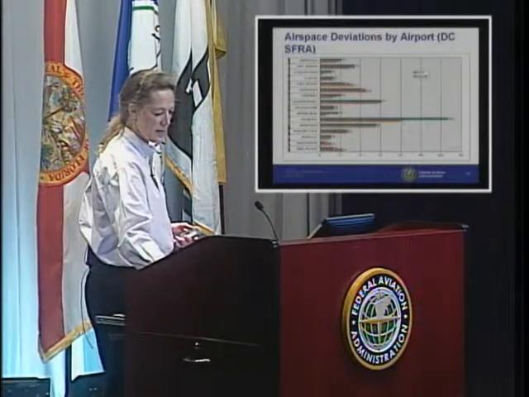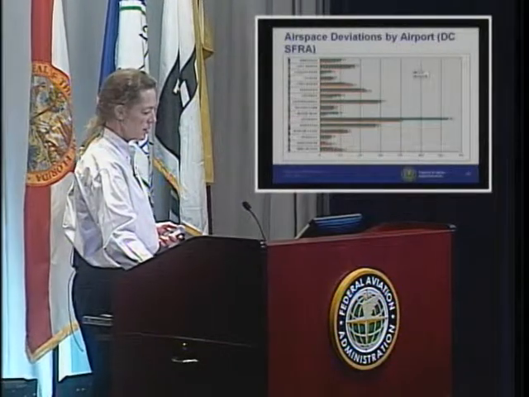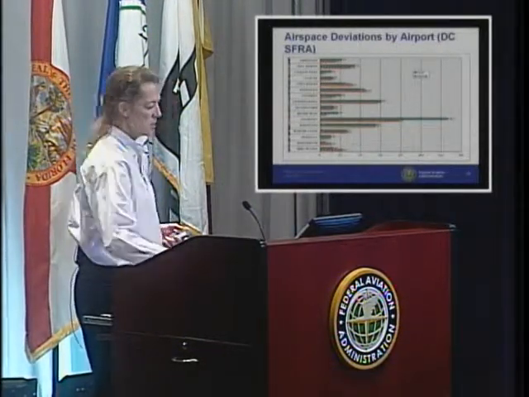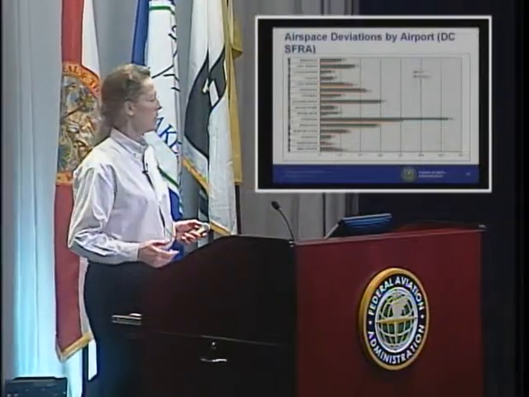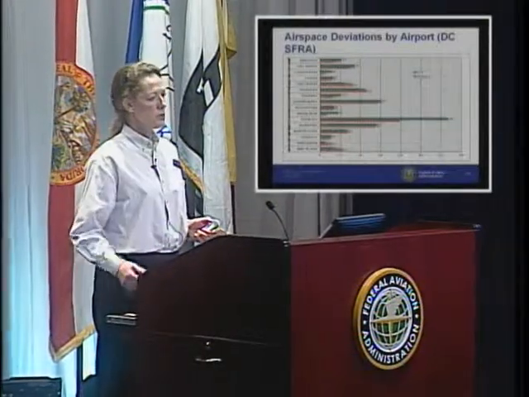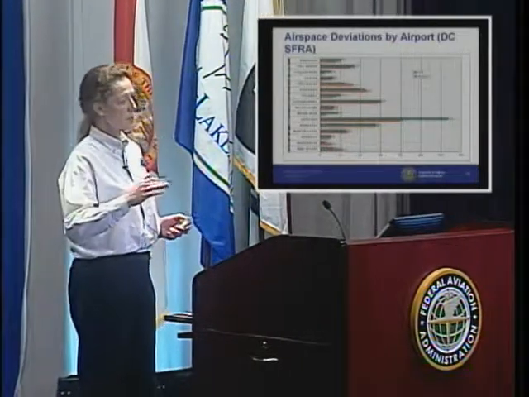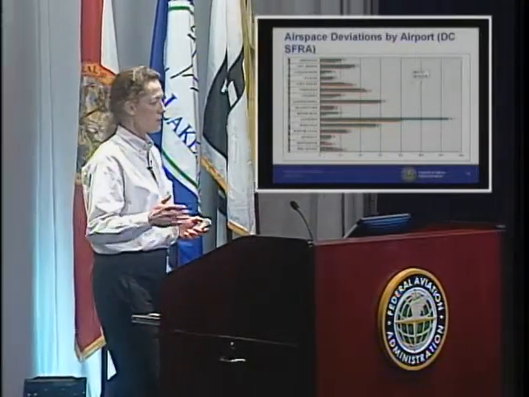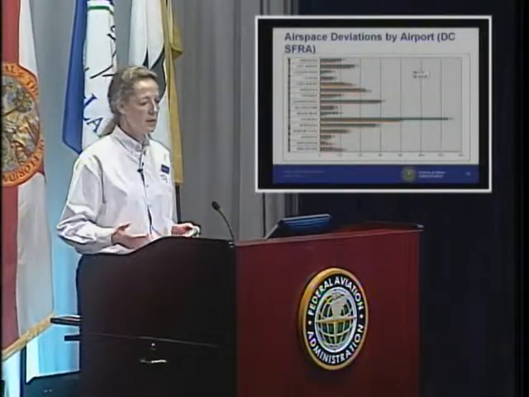As we're looking inside of the Washington Special Flight Rules area, we'll notice the high-risk airports, and they're high risk as they have an increased number of operations. Leesburg, due to its location and its complexity, and also because it's got a set of different procedures, has had more breaches than the other airports that are located in and around the Special Flight Rules area.